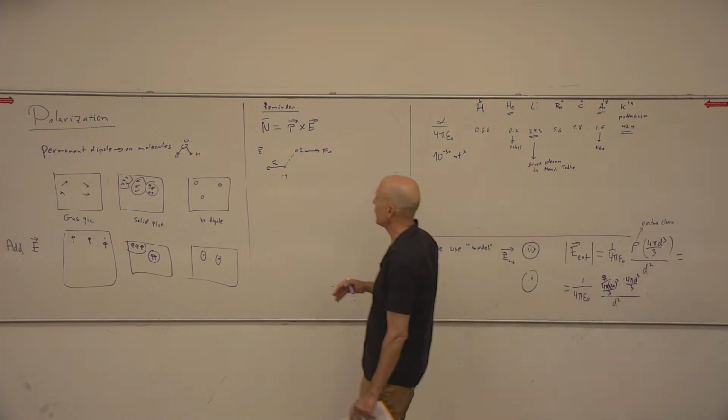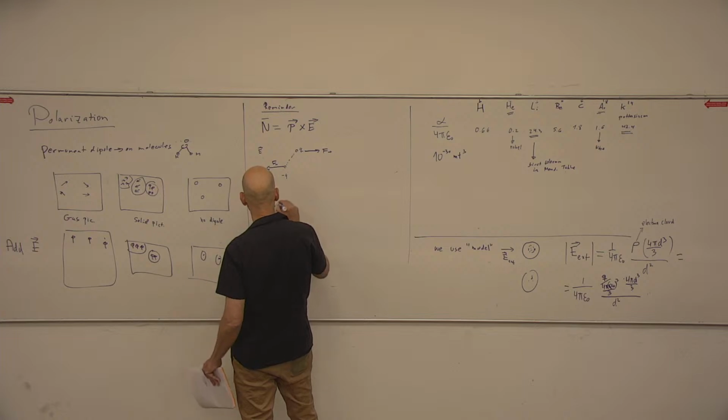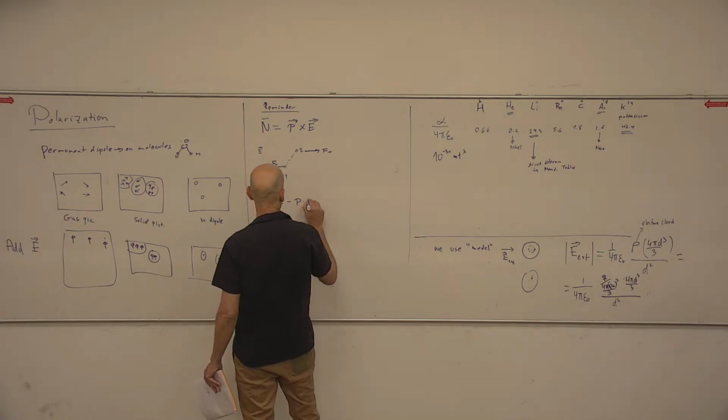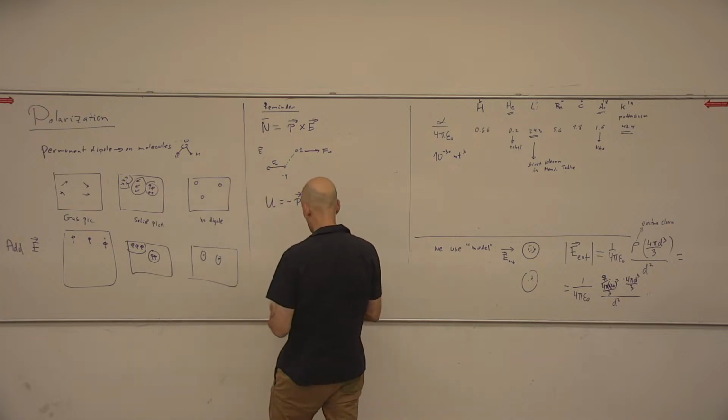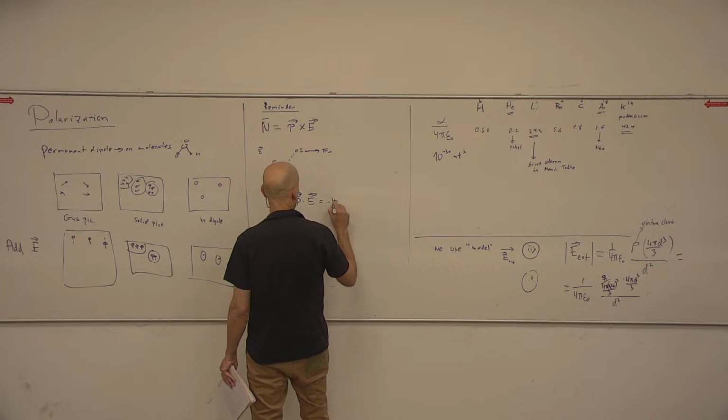And then another well-known equation that you can derive by looking at work is the potential of a dipole. It's minus P dot E, which means that this is equal to minus P absolute value, E external field, multiplied by cosine theta.